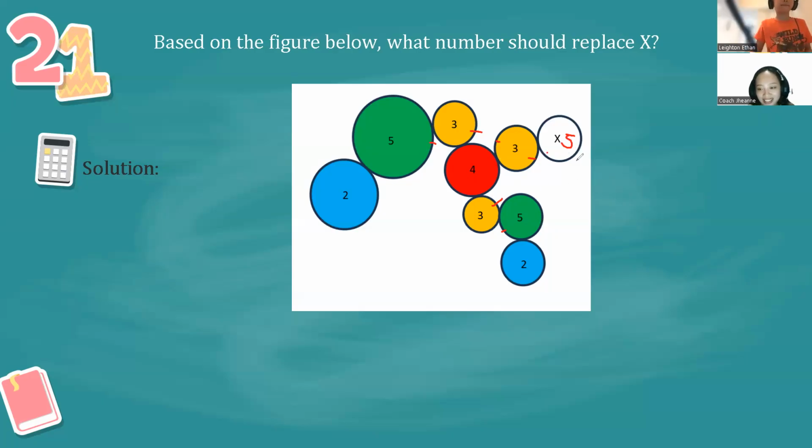Is this clear? Teacher, why is it not 4? Why is it not 4? Okay.